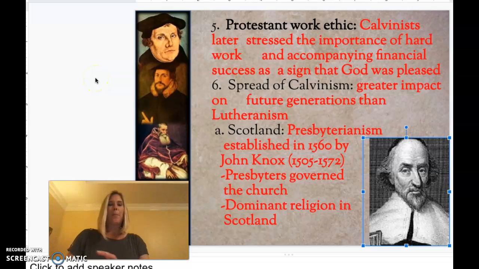He is going to branch out from Calvin's ideas and form what we know to be Presbyterianism. So the Presbyterian Church is established thanks to John Knox, and it got its start in Scotland. They have presbyters governing the church, and a presbyter is the same thing as a layman, someone who does not take vows to God, but yet they are governing the church. And this does become the dominant church in Scotland, to show you how popular it became.